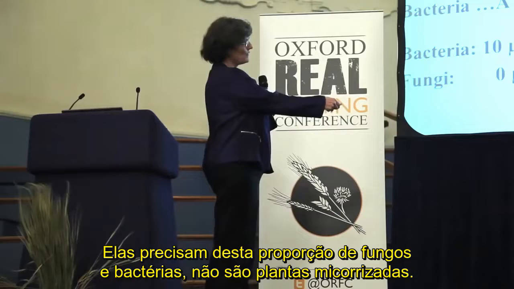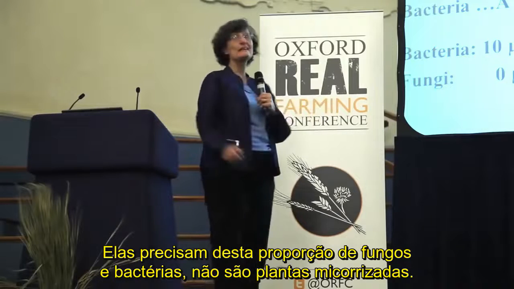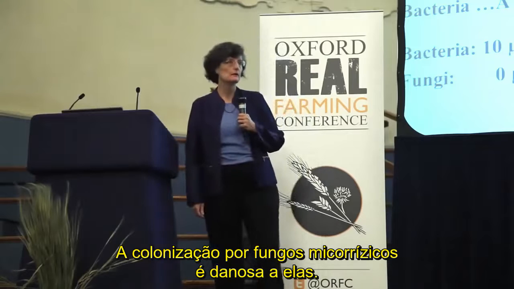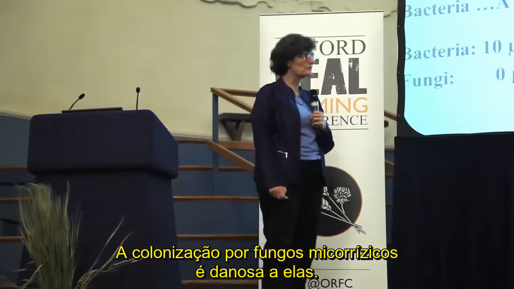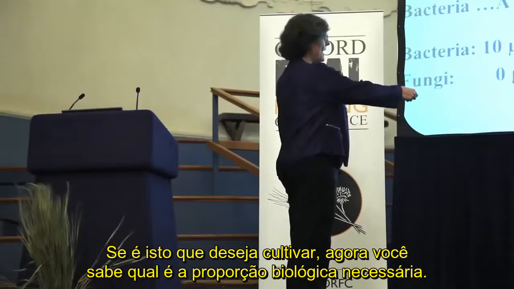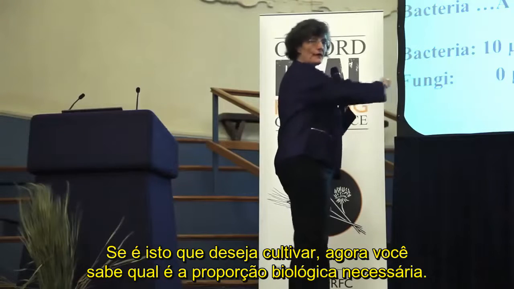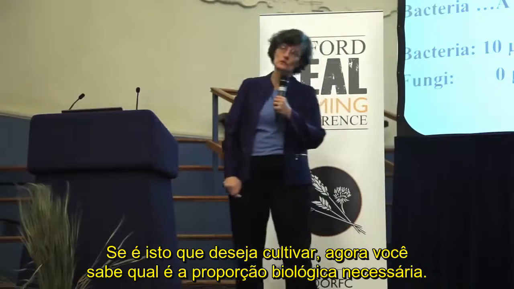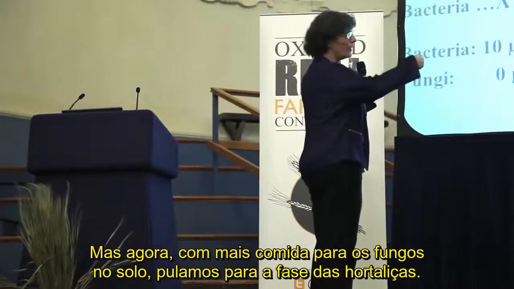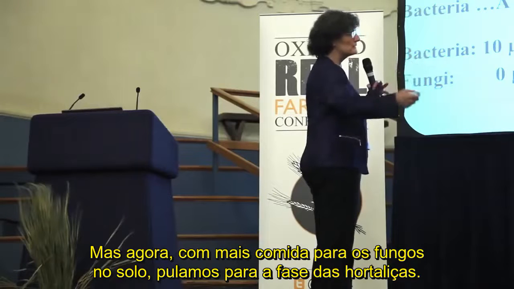They need that ratio of fungi to bacteria here. These are not mycorrhizal plants. It harms them to be colonized by mycorrhizal fungi. So great, if that's what you're trying to grow, now you know what that ratio is that you need to get into your soil.